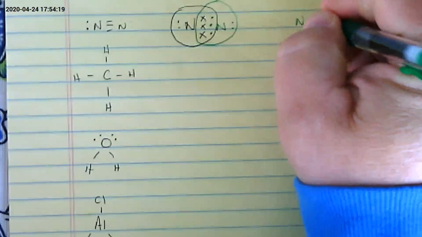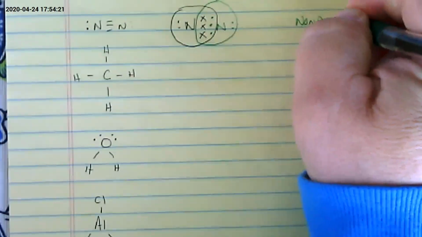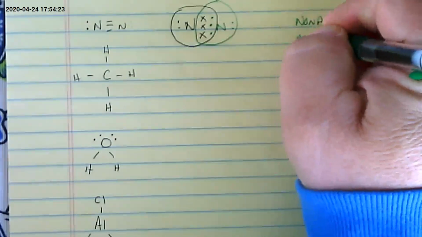Now, since it's nitrogen bonded to another nitrogen, these electrons are right in the middle because the electronegativities are exactly the same. That's why this is a nonpolar bond. Since that's the case, we can take a step back and look at this as a molecule and say, okay, is this balanced as far as the charges are concerned? And the answer is yes. So what we would call this is a nonpolar molecule.